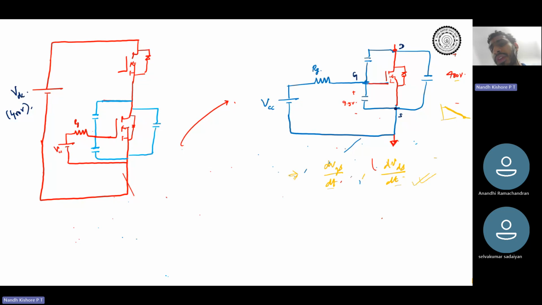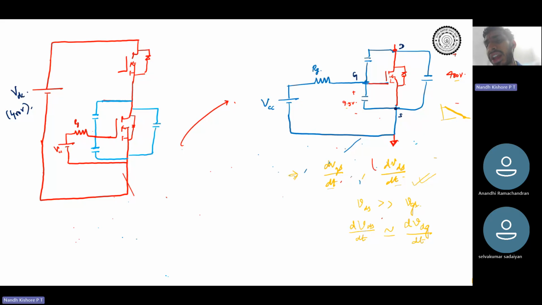This is very practical. The difference between gate and source is very small compared to the difference between drain and source. VDS is much higher than VGS. So what I can approximate is that dVDS by dt is almost the same as dVDG by dt.